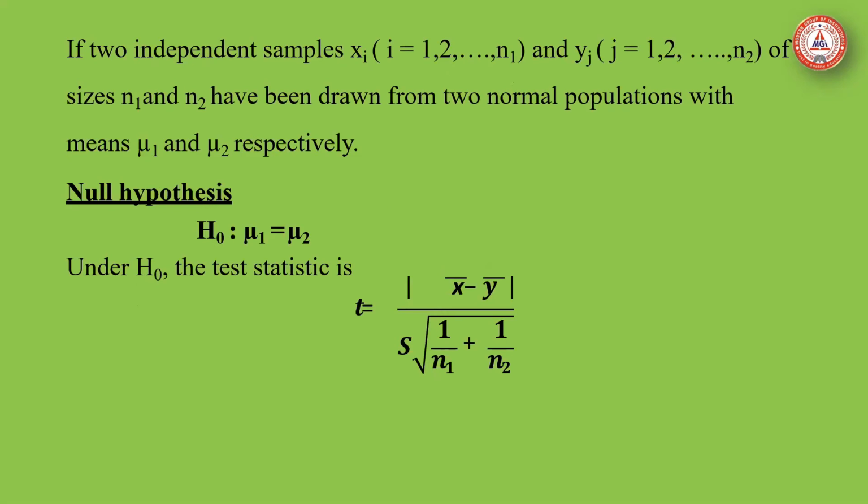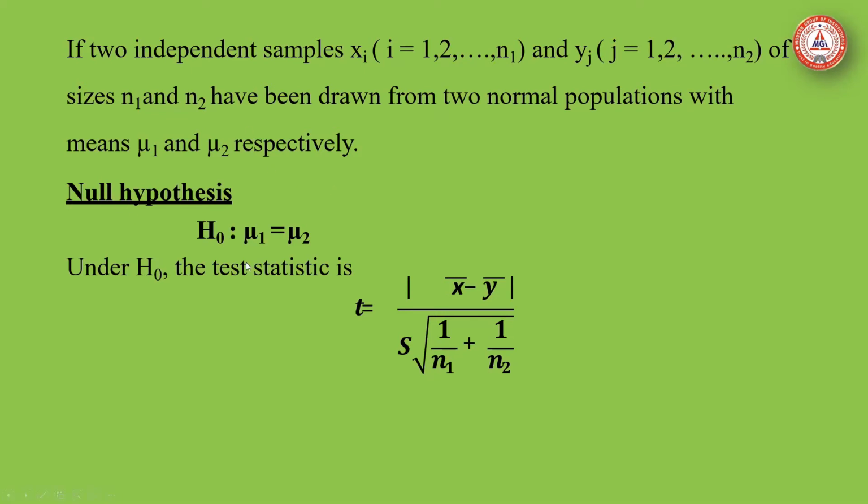Then if we talk about the formula of the two sample t-test, two independent samples xi, where i is 1, 2 up to n1, and yj, where j is 1, 2 up to n2, have been drawn from normal populations with mu1 and mu2 as the respective means.